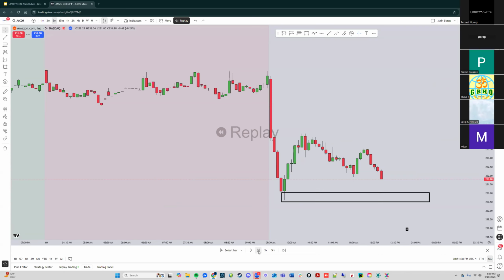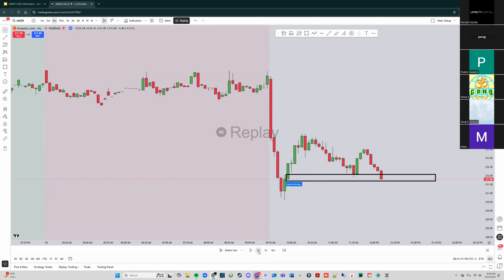We have an engulfing candle right here, and back here we ended up holding that zone. So I'm going to draw out this zone right here. Just to make sure it's not confusing, I'm going to get rid of the bottom zone, but we're going to draw a zone right here. So now we're targeting this low of day.